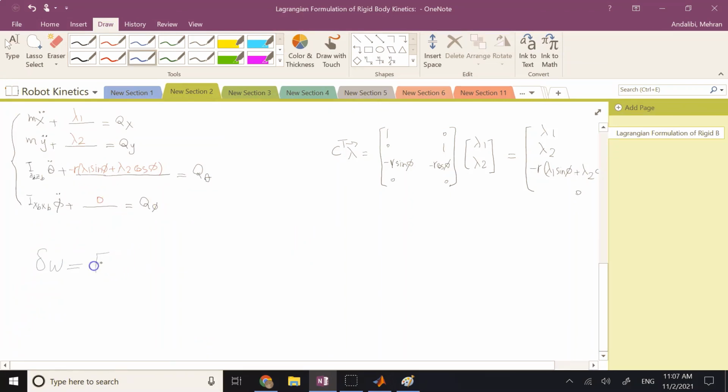So it is going to be like Fx delta X plus Fy delta Y. And clearly you see it's like plus 0 times delta theta and then plus 0 times delta phi. So clearly this is going to be your Qx, this is going to be your Qy, this is going to be your Q of theta, and this is going to be your Q of phi.